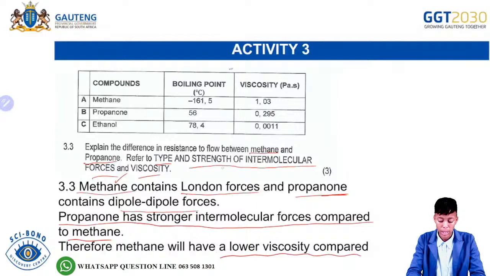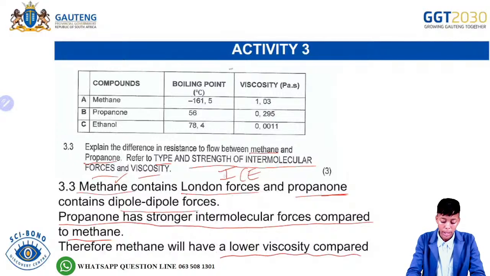So what did we use again? We used the I's, whereby we were stating what we know, and that is the type of intermolecular forces that each have. So for methane, the type of intermolecular force is London forces. And for propanol, it is the dipole-dipole forces.